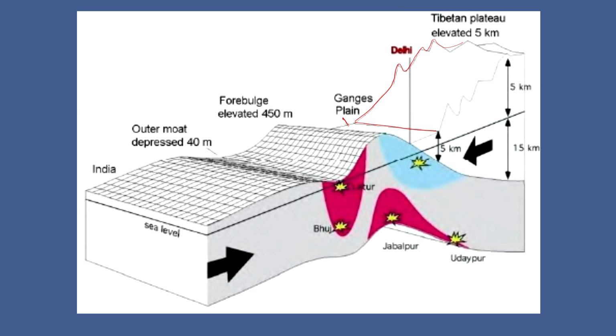So he suggested that not only the Himalayan region is deforming and resulting in earthquakes, but the rest of the plate is also flexing up. This is the rest of the plate which is also flexing up, and that has resulted in the Latur earthquake here, the Bhuj earthquake, and then there was the Jabalpur earthquake and the Udaipur earthquake.